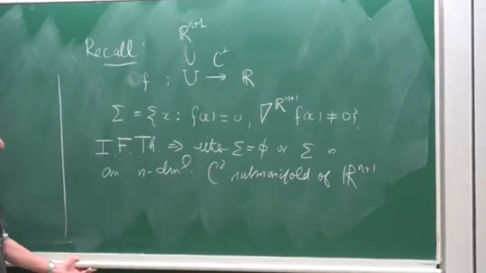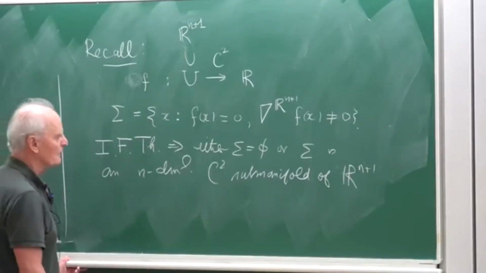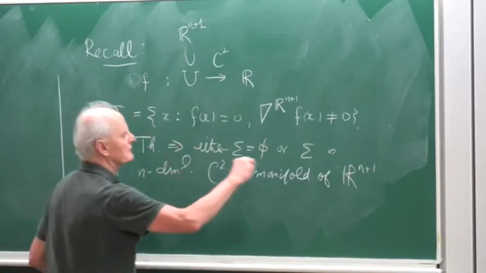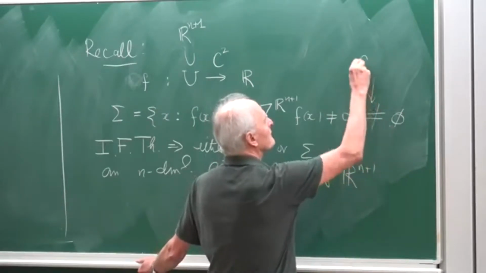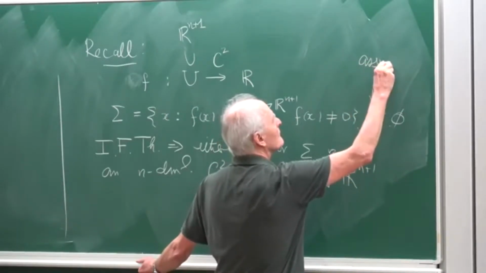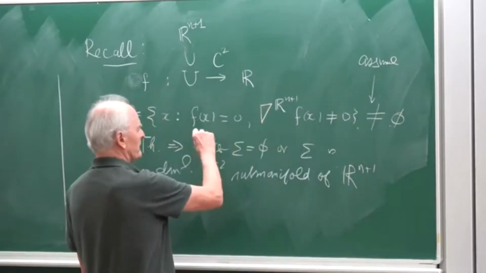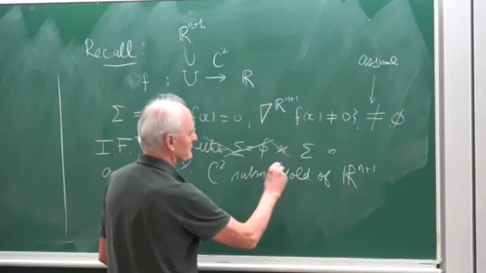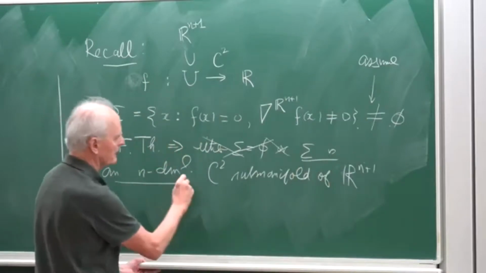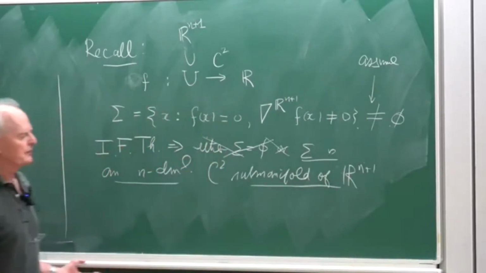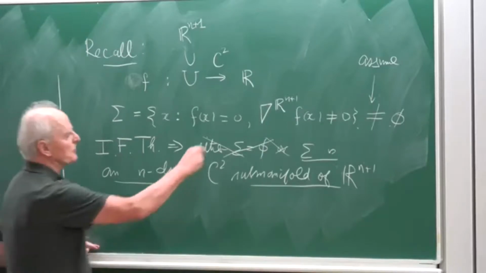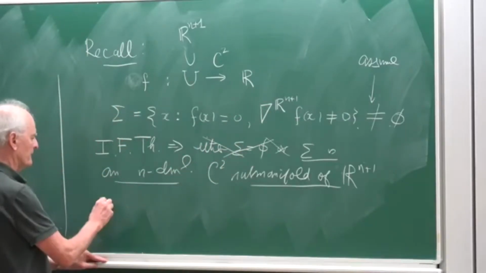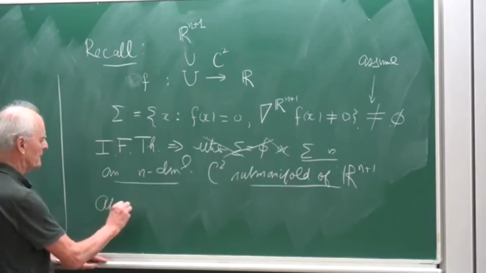And furthermore, we'll forget the empty case, so assume that this is non-empty. So that means this case is out, and we simply can say sigma is definitely an n-dimensional C2 submanifold of R^(n+1). And not only that, notice that this gradient gives you a unit normal also.